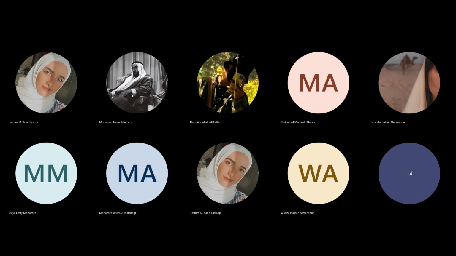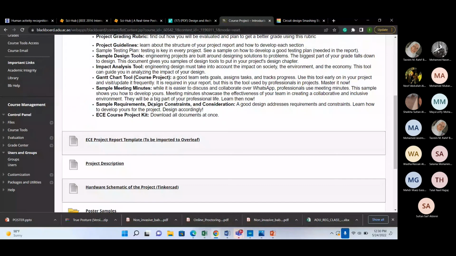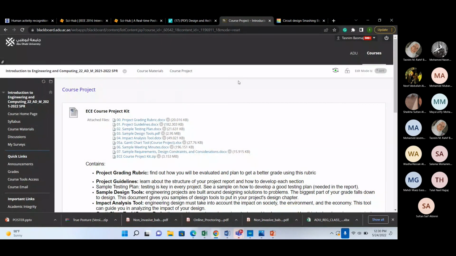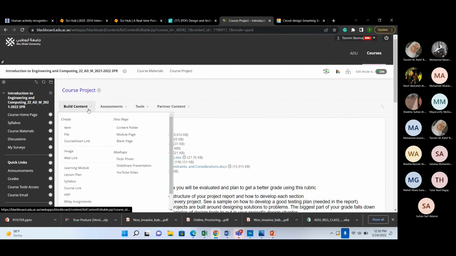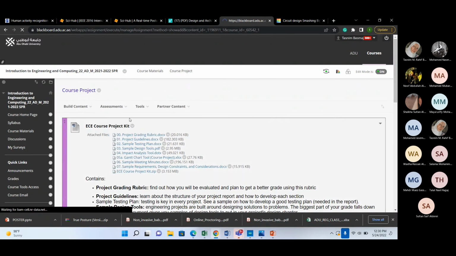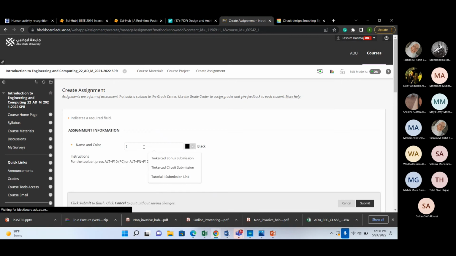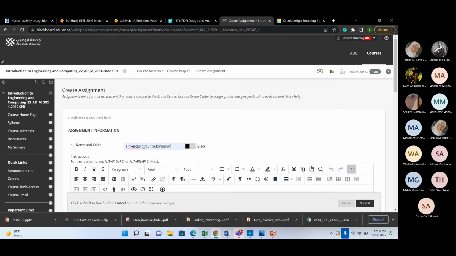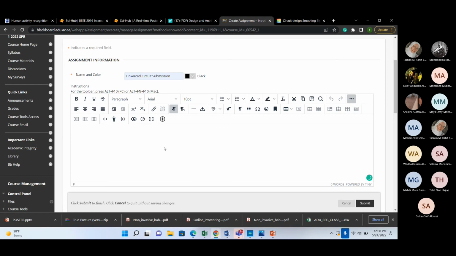I'm going to open the link for you guys to submit. Okay, just so that everyone else can see it, let me share my screen. Here you will go to the course project folder, and then from there you're going to find the individual circuit. Let me post it first. Circuit submission one.